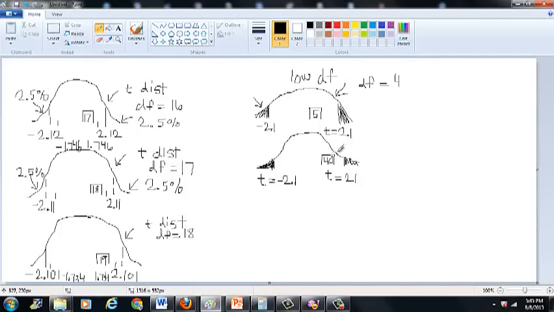And our degrees of freedom are 39. In order for the t-scores to have this bell shape, you have to have a higher sample size, which gives you higher degrees of freedom.